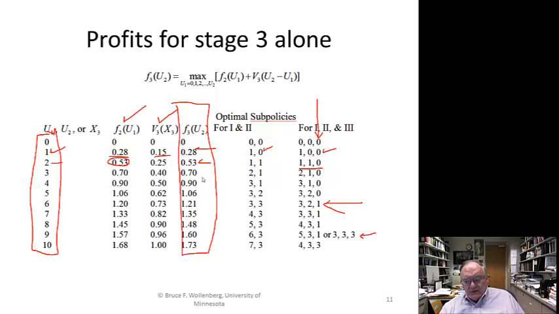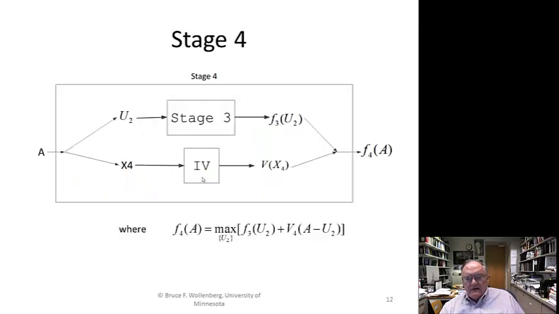And now we're going to use this table, and that table of F3 of U2 is put into this stage 3, and we've now got the 4th business or the 4th division of our company, and here's our total investment A. And it simply says we're maximizing F3 of U2.